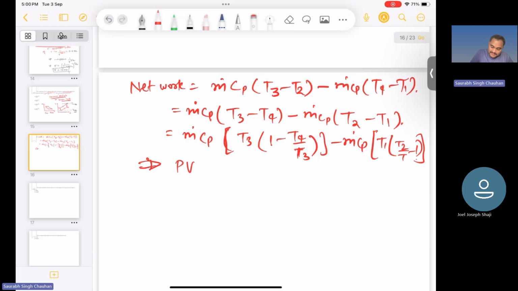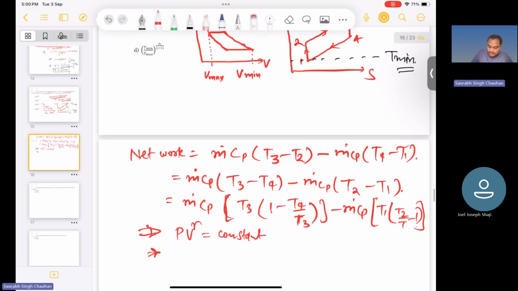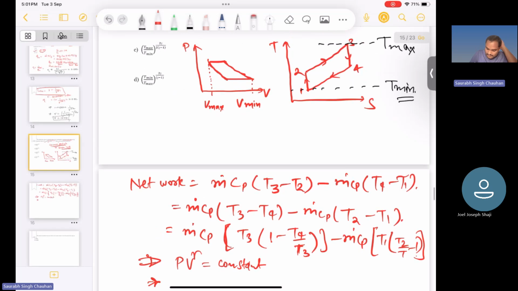Okay. So for adiabatic, PV to the power gamma is equal to constant. In terms of temperature, if you want to write, you want to remove the pressure. And one more thing we should note here, that P2 is equal to P3, because it is isobaric process, and P4 is equal to P1. Okay.